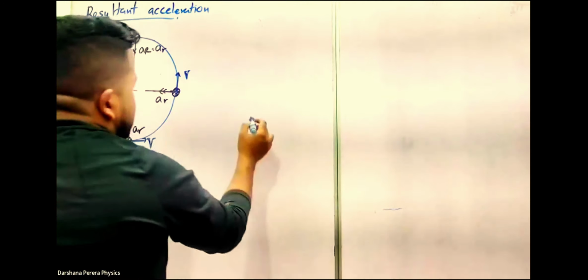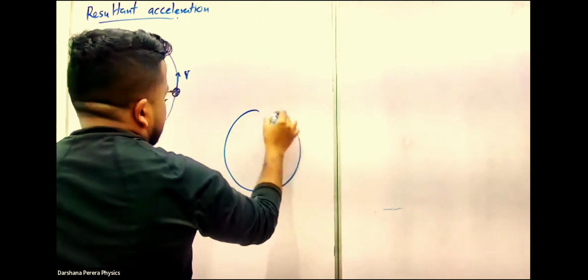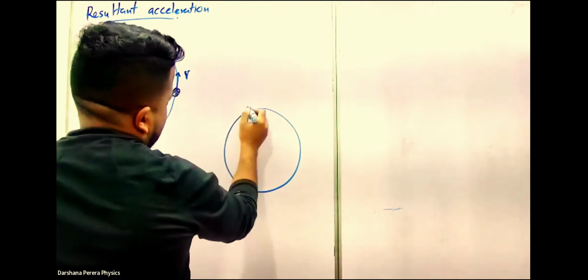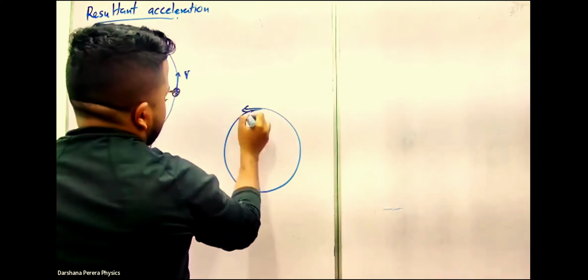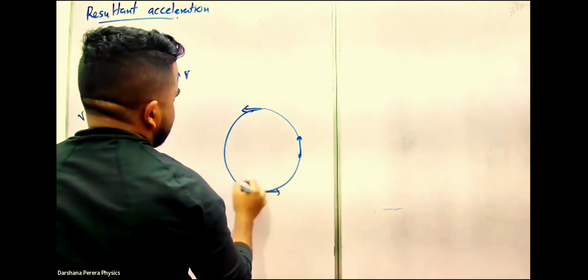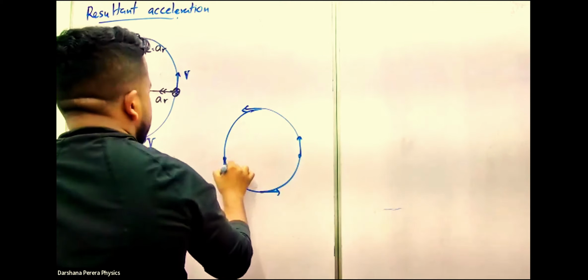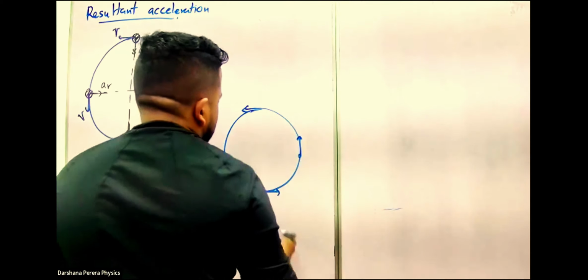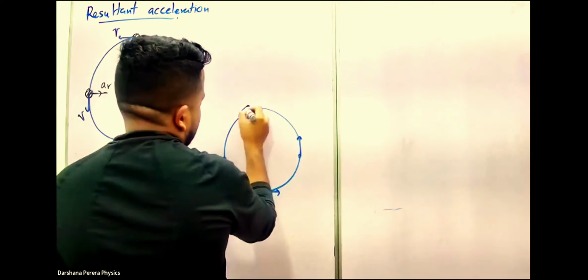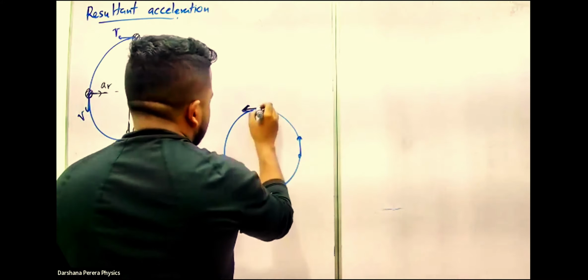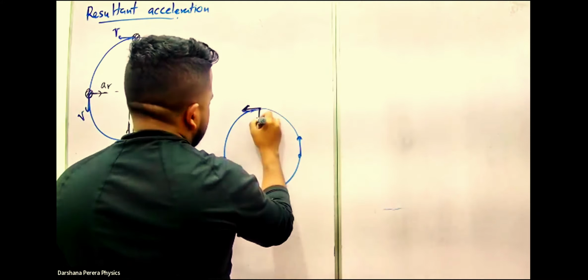But when an object doesn't have a constant velocity, when it increases, there are also AR and AT. AR is always there, when it started the circular motion, there is an AR component every time, right?